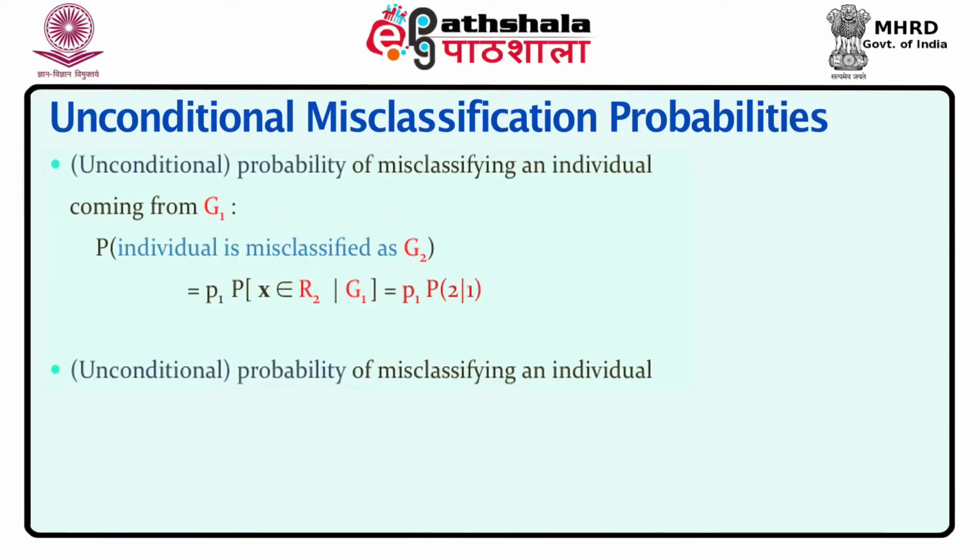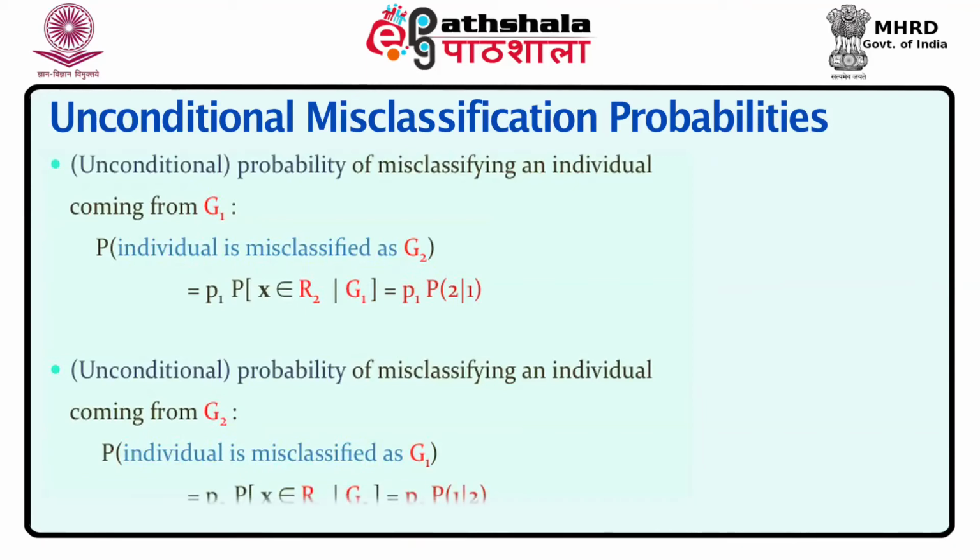As you know, you can always write the intersection of these two events as the probability of the first event, P1, times the probability of the second event given the first event, which is the probability of x falling into R2 given G1. The first part is P1 and the second part, as we have seen before, is the conditional probability of x belonging to R2 given G1, which is P(2|1). So it's P1 times P(2|1). Similarly, the unconditional probability of misclassifying an individual coming from G2 is P2 times P(1|2).